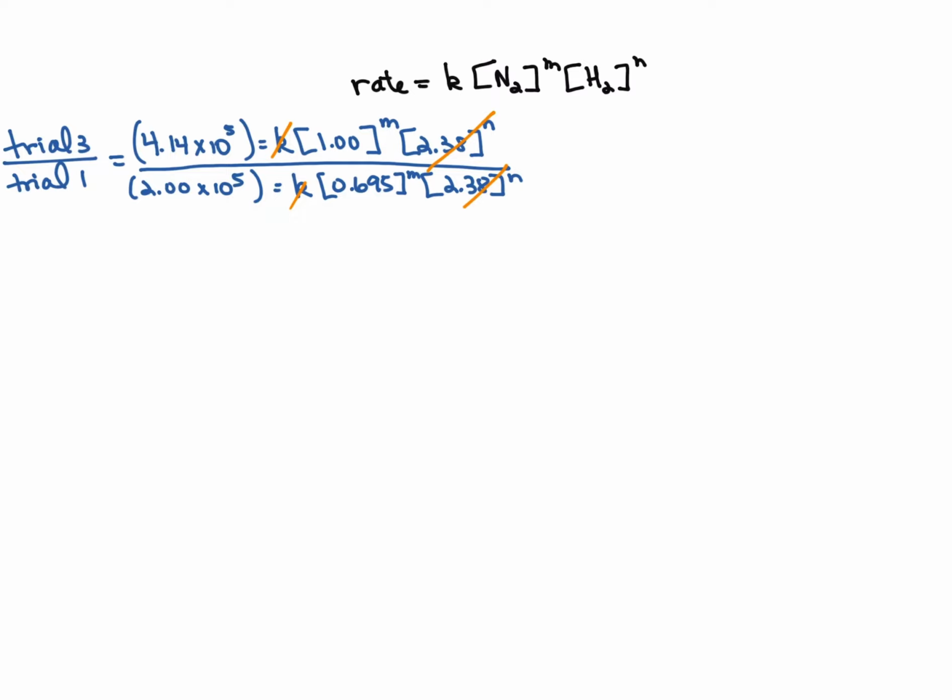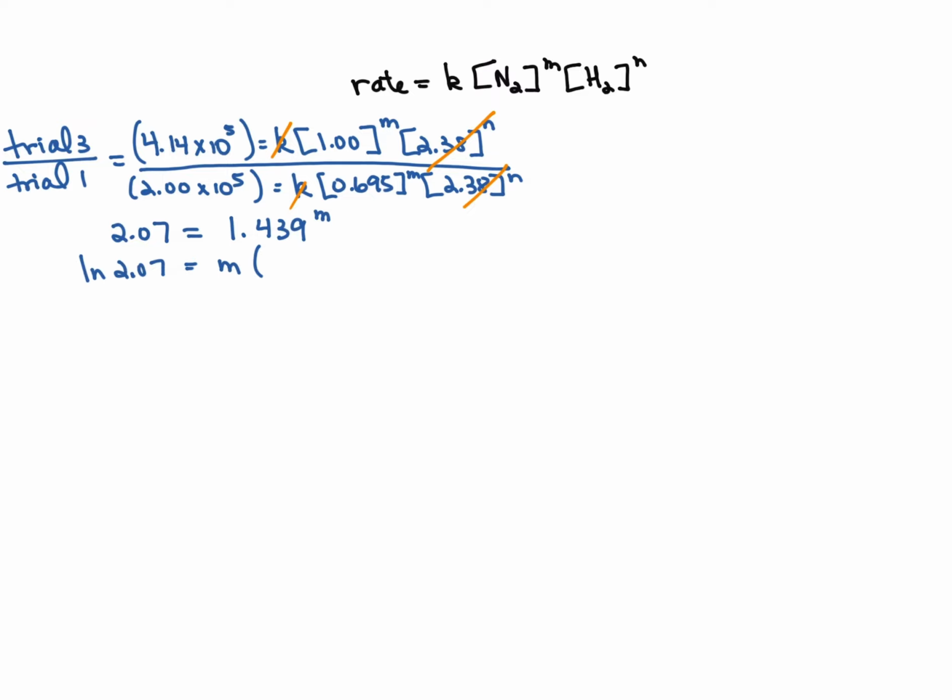So I'm going to divide these numbers up. 4.14 times 10 to the 5th divided by 2 times 10 to the 5th is equal to 2.07. 1 divided by 0.695 is 1.439 to the power of M. I want to solve for M, which is a power, so I have to take the natural log of both sides.